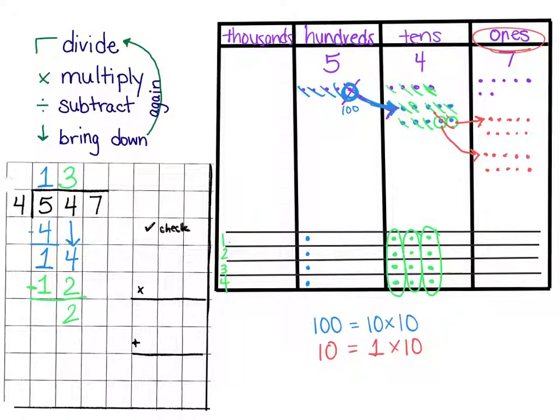I cross those out because I've already used them and moved them over. And now, that's the same thing as bringing down the 7 ones, because here's the 7 ones plus the 2 that's left in the tens column. So now I have 27 ones. And I'm going to divide it by 4.